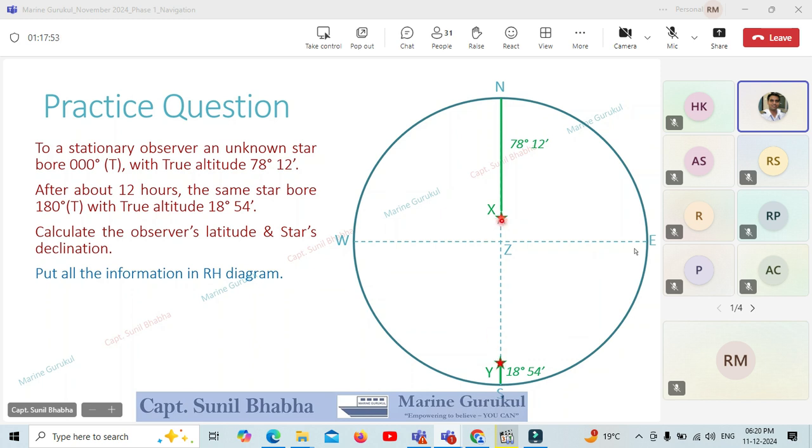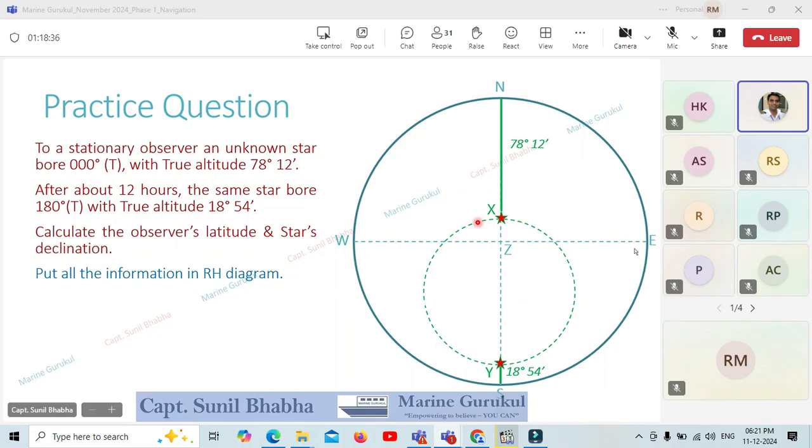If the star is at X at one point of time, and after about 12 hours it is at Y, that means the declination circle of the star has to be such that it passes through both X and Y. There is only one possibility for the declination circle, and that is the circle passing through both locations in this way.